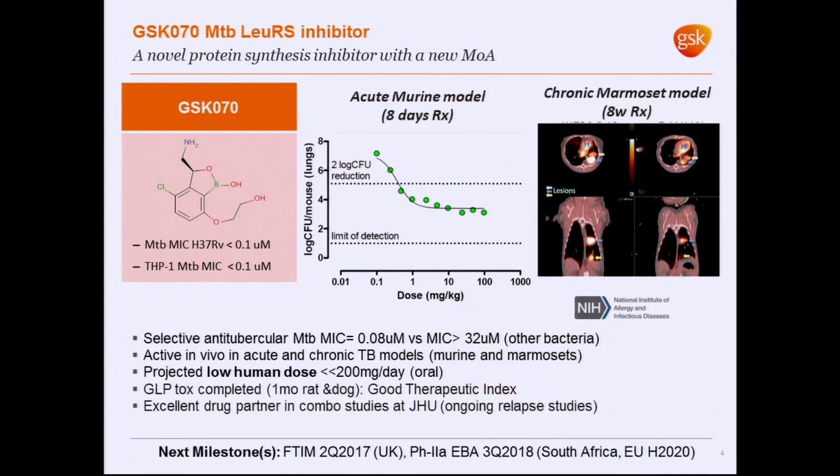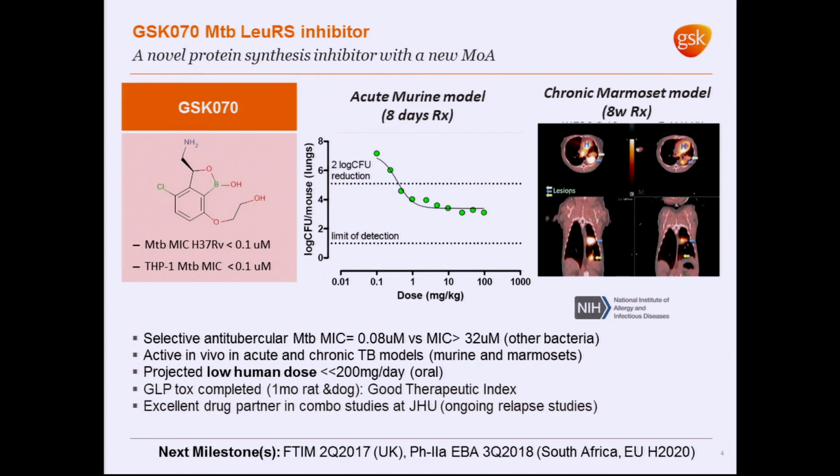The middle graph there shows the activity in the acute murine model, achieving more than our desired 2-log reduction in the acute mouse model. Similarly, in the chronic marmoset model, we're seeing good activity too.